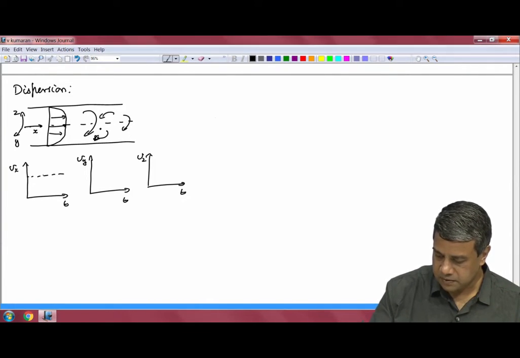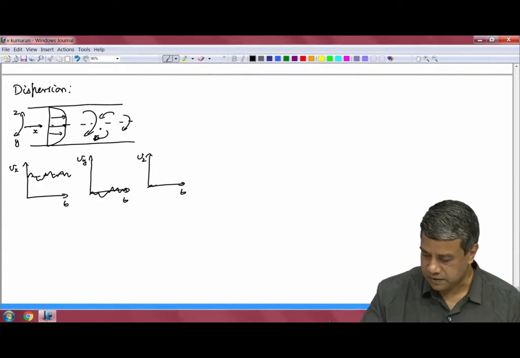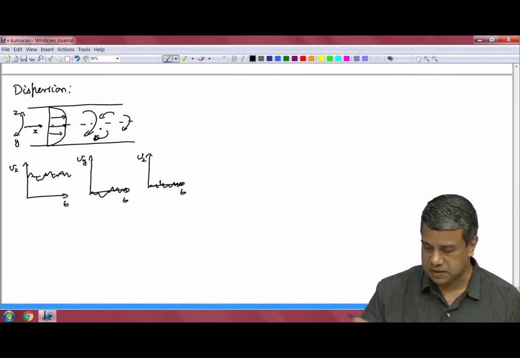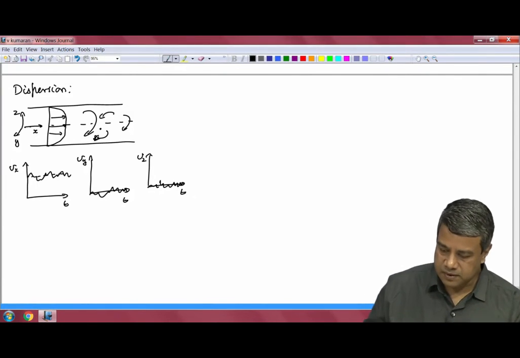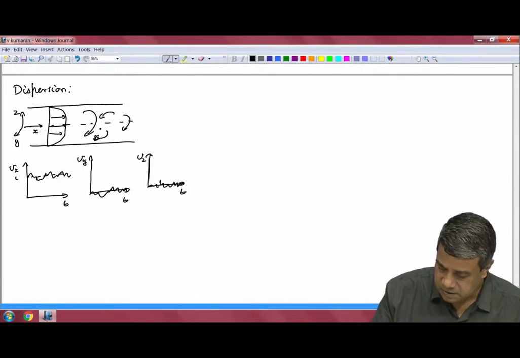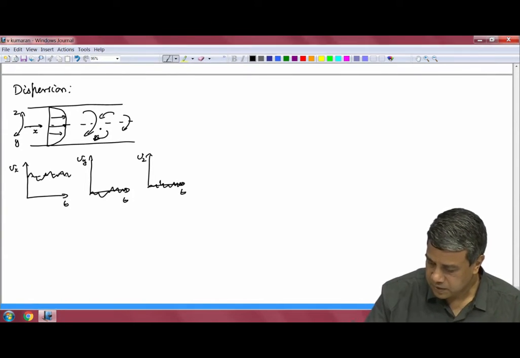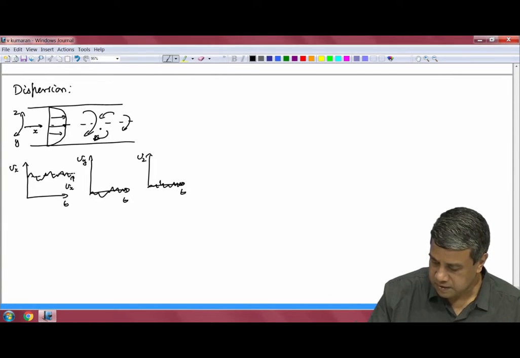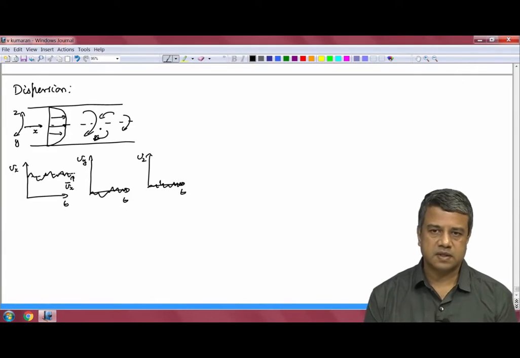Vx will fluctuate around a non-zero value, whereas Vy and Vz are 0 on average. So, they will have fluctuations about 0. Each of these components will have some mean value, which I will label as Vx bar, and there are instantaneous fluctuations about that.